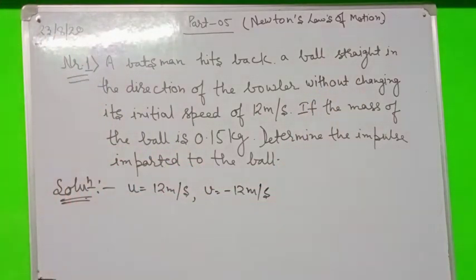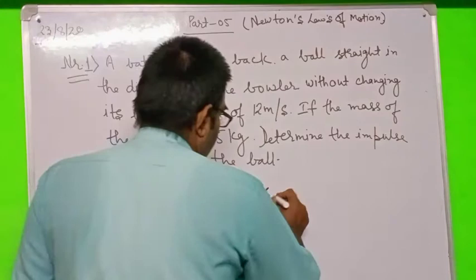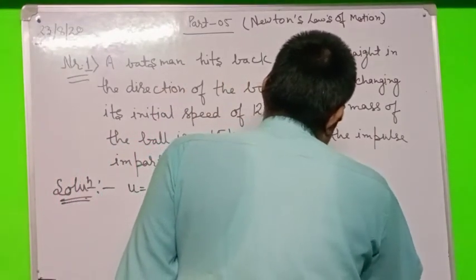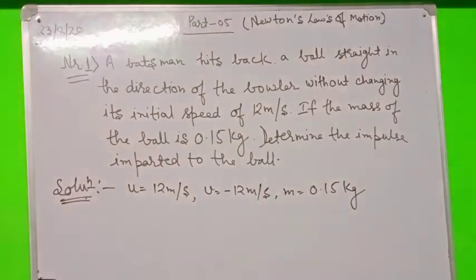The mass of the ball is 0.15 kg. We have to calculate the change in momentum.